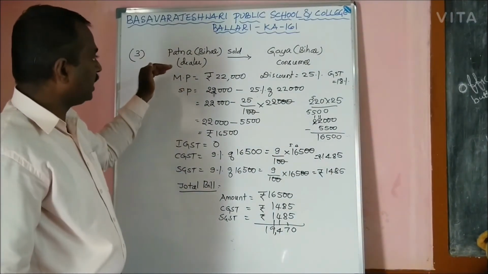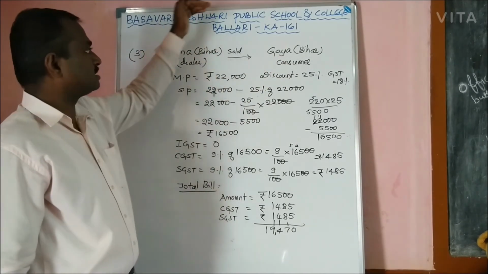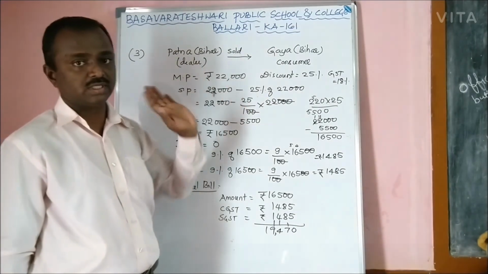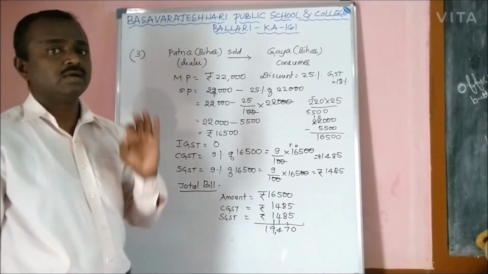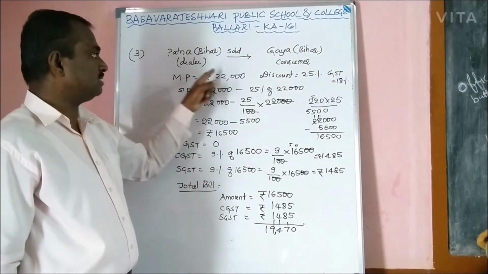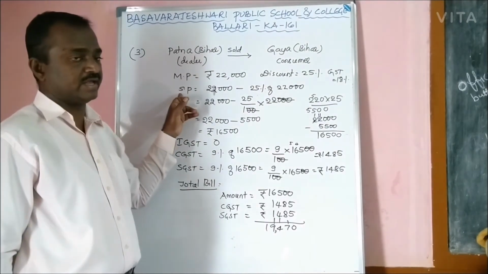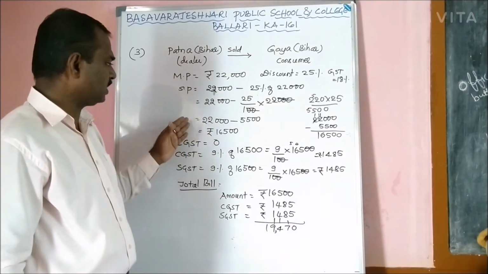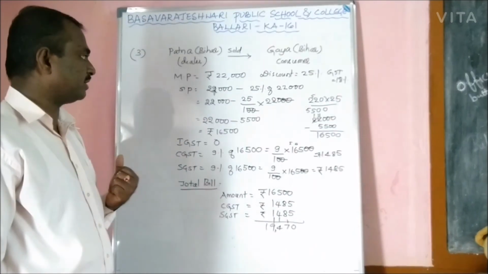What is the transaction going on here? The transaction is going on within the state. The Patna dealer is selling the microwave oven to the Gaya consumer. Patna and Gaya are both in the same state, therefore it is an intrastate transaction. The market price is this much, discount is 25%, GST is 18%. So the selling price is 22,000 minus the discount, which is 16,500.